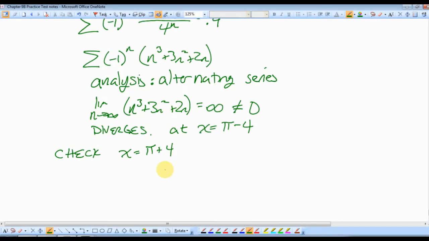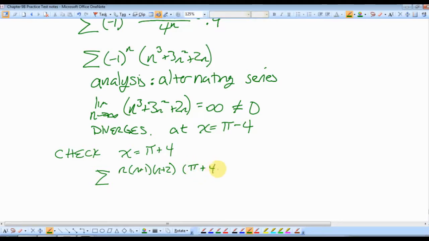All right, checking the second endpoint, we start with the series, what is that? N plus 1, n plus 2, and now we get x minus pi. No, pi plus 4.